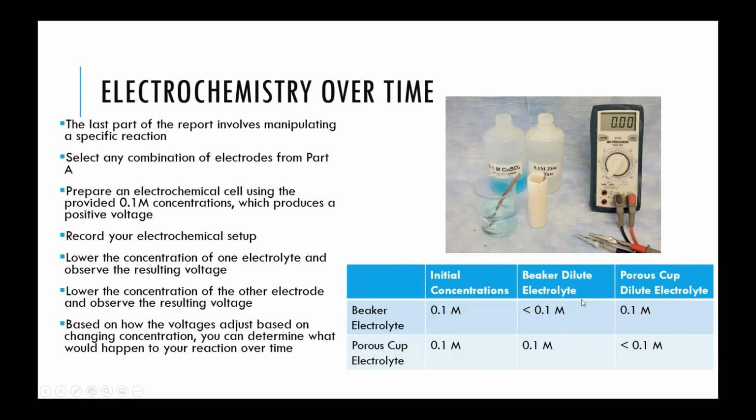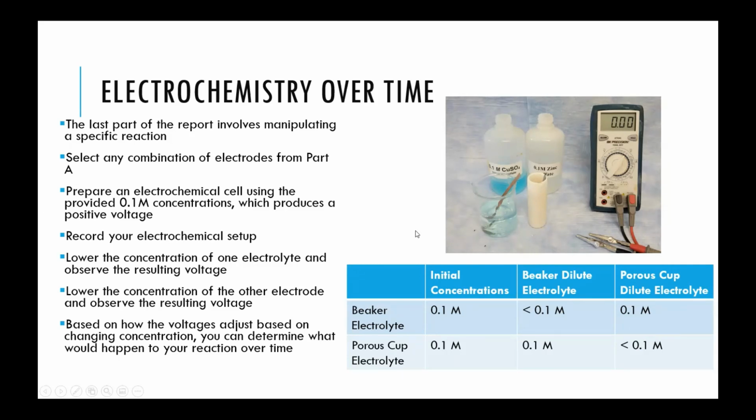So you'll measure initially where they are both the same concentration. You'll measure it where the beaker solution is at a lower concentration and the porous cup solution is still that 0.1 molar. And then you can switch them. The solution you have in the beaker will maintain that 0.1 molar concentration just from the start. And you'll prepare a dilute solution, which you would place in the porcelain or the porous cup.